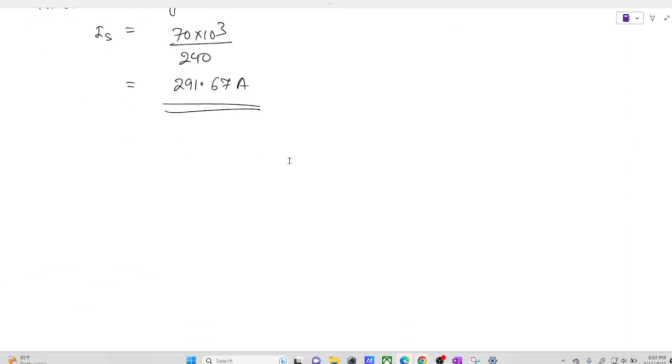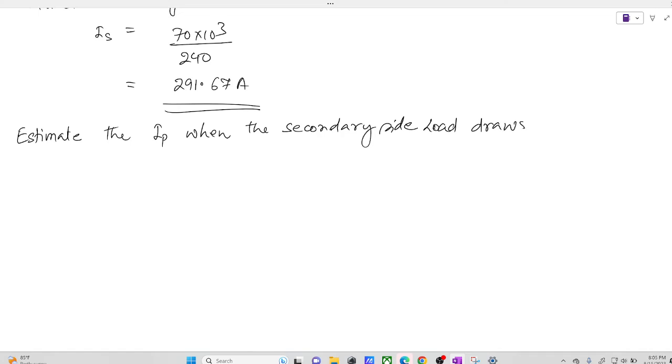So estimate the primary current when the secondary side load draws 27 kilowatt at 0.7 lag pf.